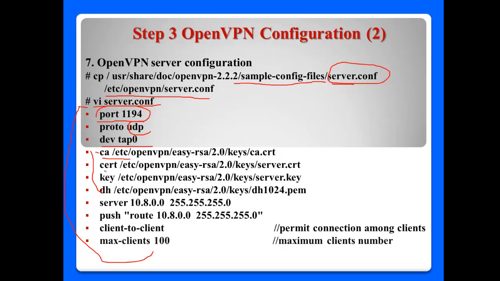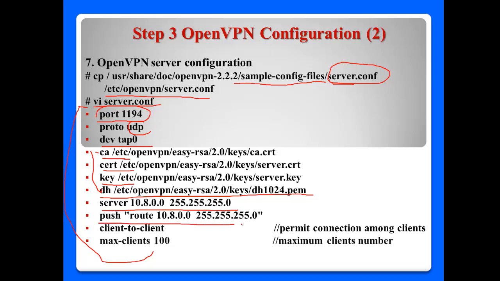So the CA certificate and the server certificate and the server key and the Diffie-Hellman parameter file and the server 10.8.0.0. This one will be the network address, normally the virtual interface used for the VPN connection.